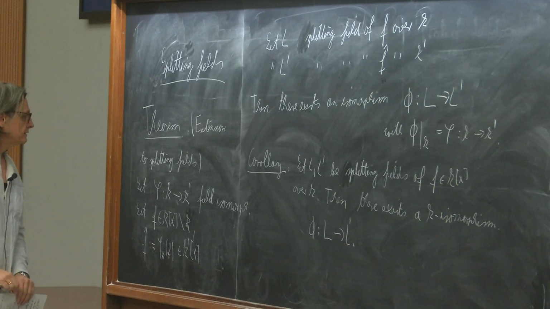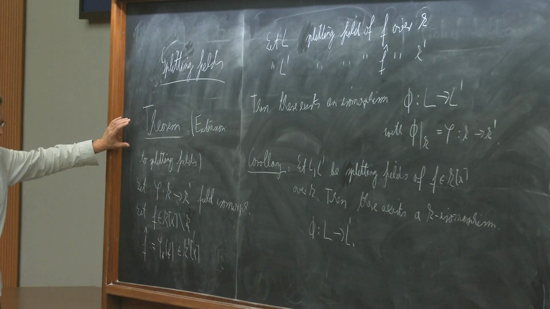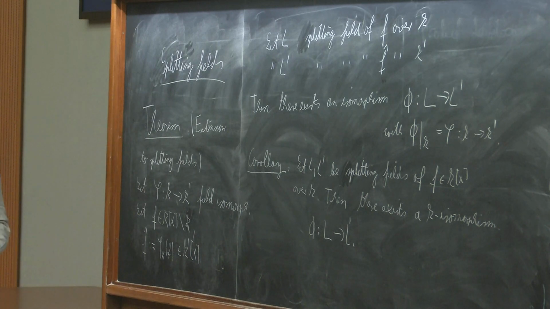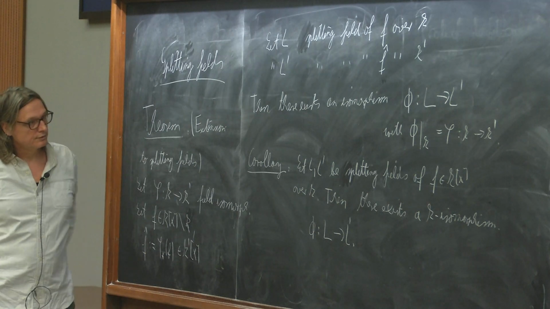So note that the statement here is weaker than the statement we had for simple algebraic extensions. For simple algebraic extensions, we said precisely what the extensions are. There is a unique extension for every root.